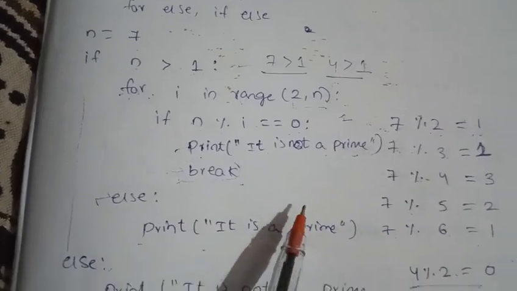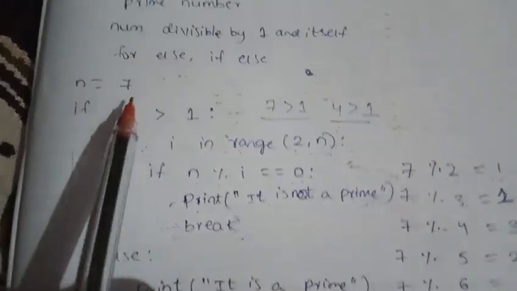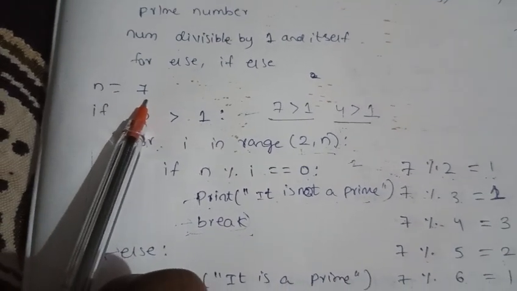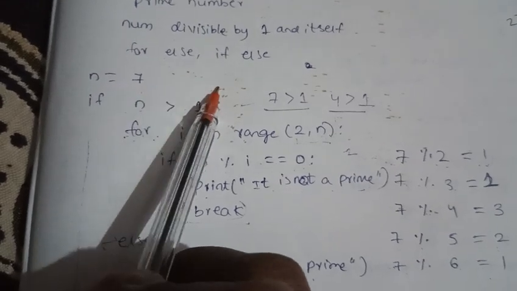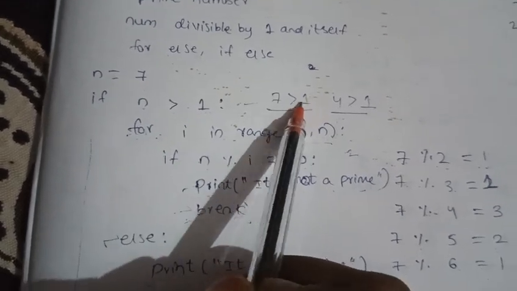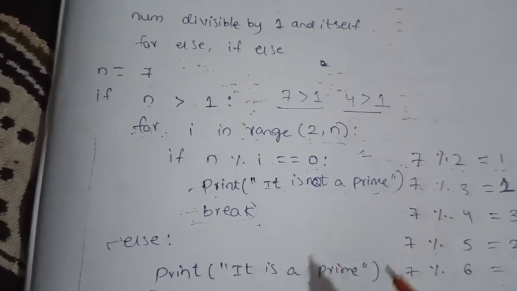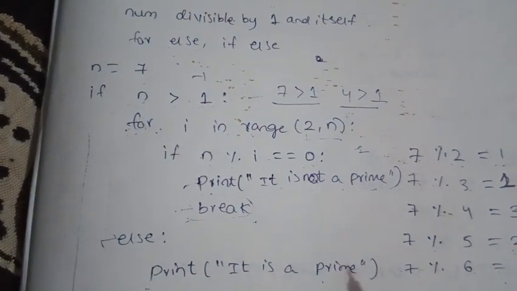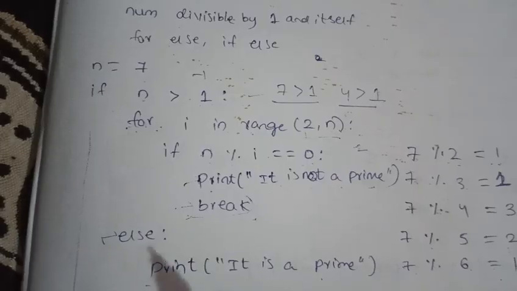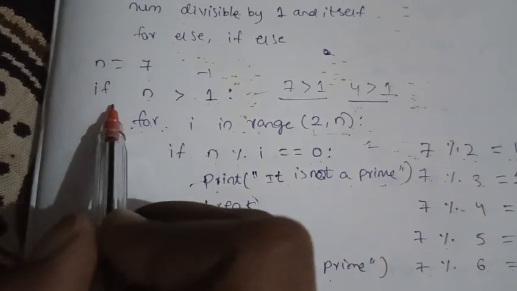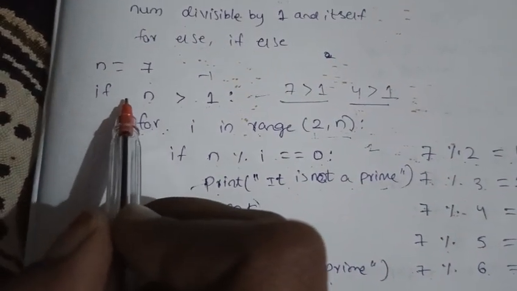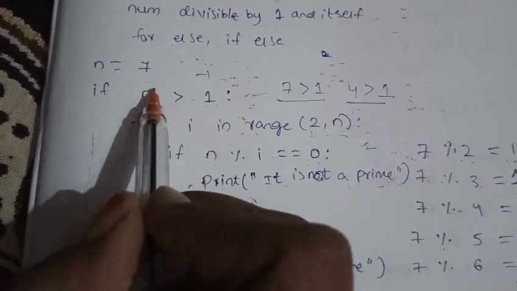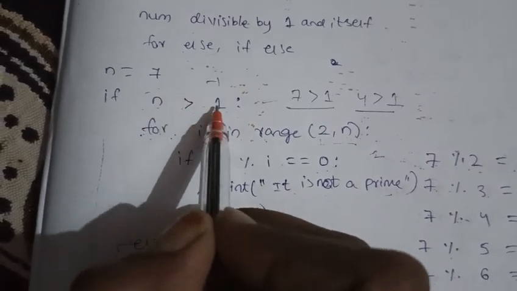If we give n is equal to integer type of input, enter a number, the user will enter a number. If the user enters -1, it will check whether -1 is greater than 1.